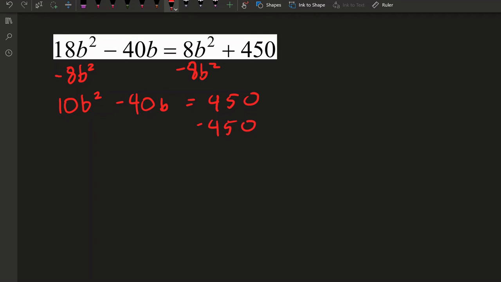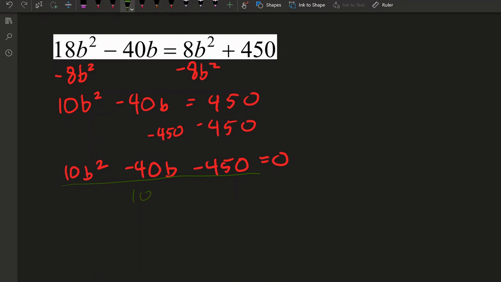There's no like terms on the other side, so it's not going to combine with any of those. 10b squared minus 40b minus 450 is equal to 0. Now this one does have a leading coefficient of 10, and I don't want that, so I'm just going to divide everything by 10, giving me b squared minus 4b minus 45 is equal to 0.